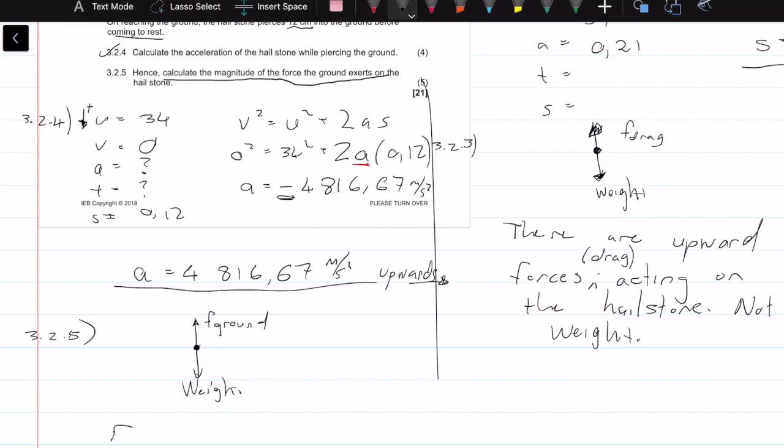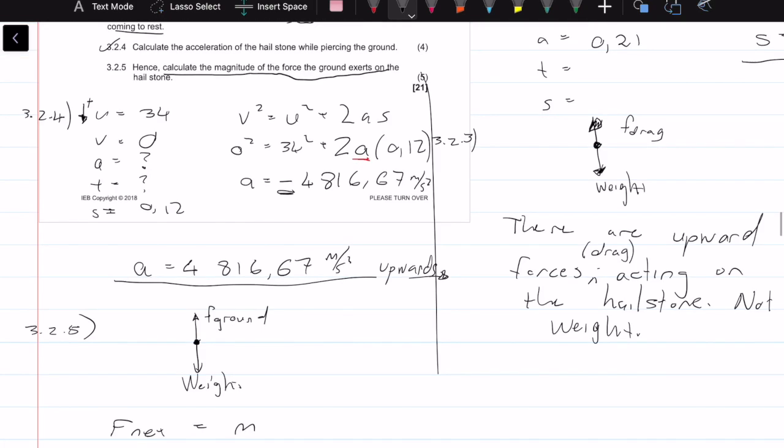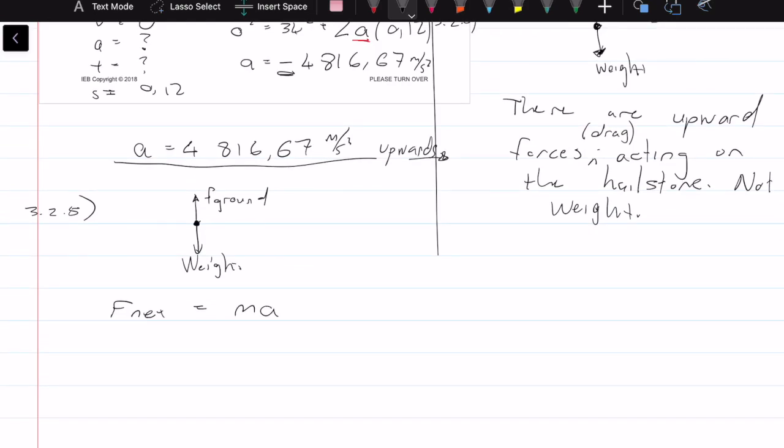We can say that F net is equal to M times A, and we're going to take downwards as being positive. So what are the forces acting downwards?